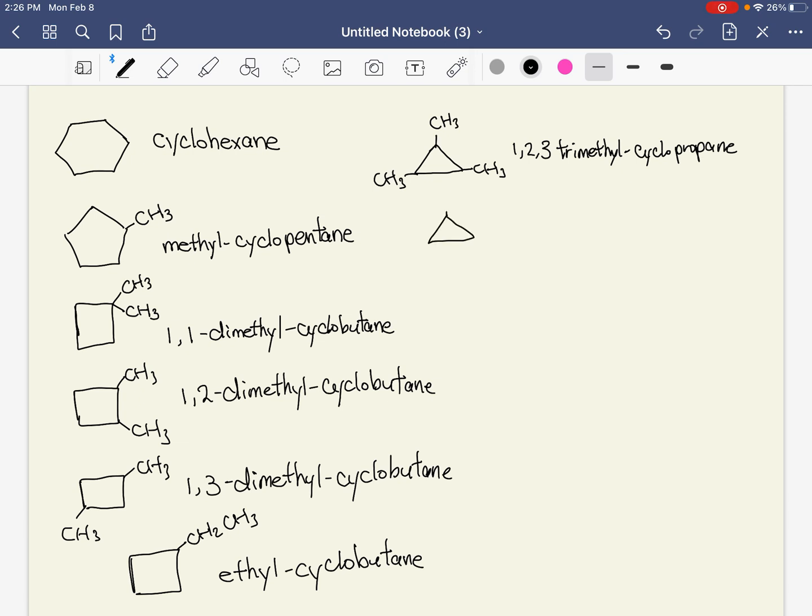Okay? I can do this. Why not? Move it like this. This will be 1,1,2. Right? I will count this way. 1,1,2-trimethylcyclopropane. Cool, huh? There's not too many trimethyl. I guess really not that many.